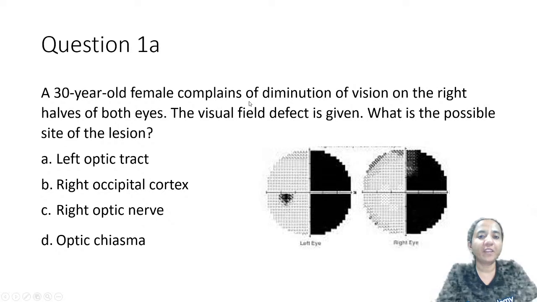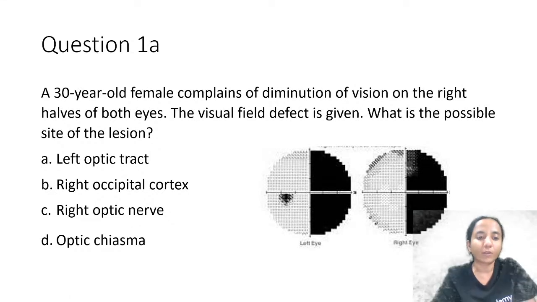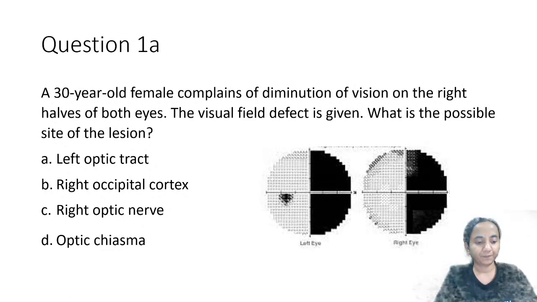A 30-year-old female complains of diminution of vision on the right halves of both the eyes, and the visual field defect is given to us. What is the possible site of the lesion? Left optic tract, right optic tract, right occipital cortex, right optic nerve, or optic chiasma. What should be the answer to this question?